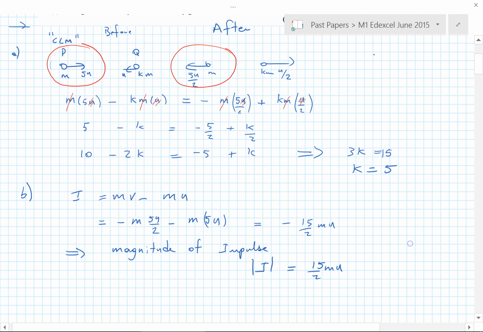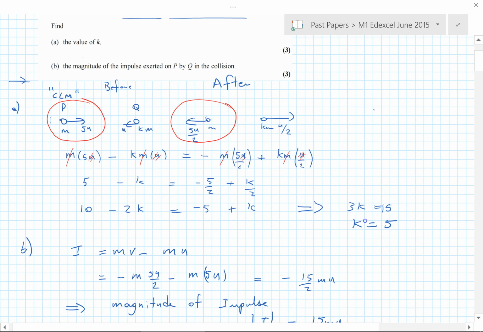You will notice, for those of you who looked at the mark scheme, they didn't really do it like this. They went directly to just reverse the signs of this, and they've written m times 5u, take away negative m times 5u over 2, because they've just looked at change in momentum, and they've changed it the other way around simply because they knew that it's just looking for the magnitude, so they fixed it so that we would get a positive at the end, which of course is fine, and you're welcome to do that.